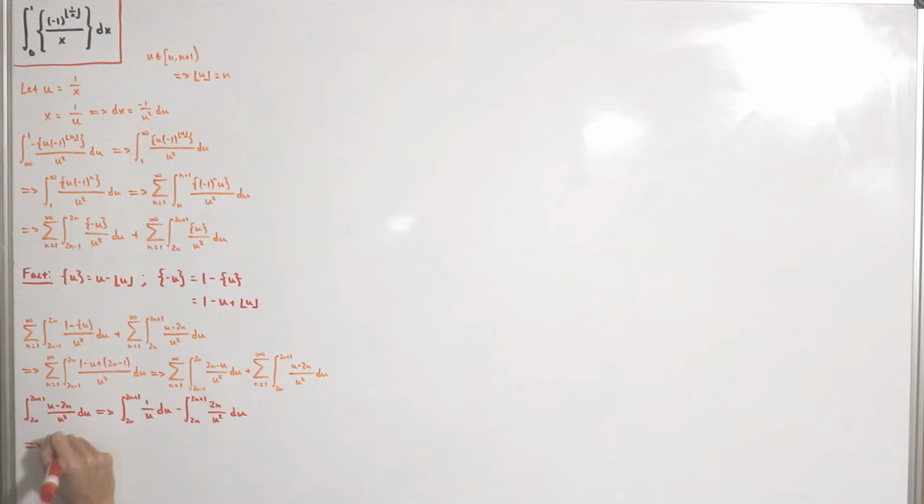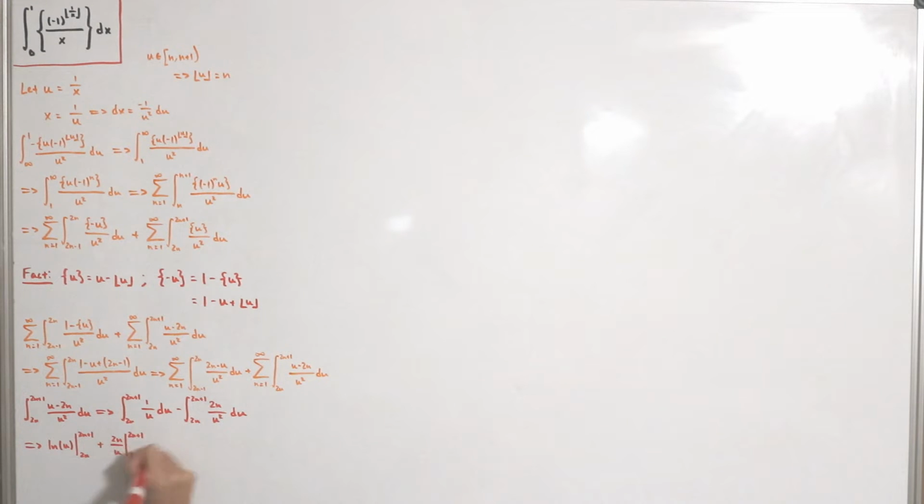It's easy to solve the definite integrals for both of these. This is going to be ln of u evaluated from 2n to 2n plus 1, and then subtract that with, since 2n is just a constant in our world of u, I can factor it outside, so we're left with 1 over u squared. The antiderivative of u to the negative 2 is u to the negative 1 divided by negative 1, so that minus comes out and this will be a plus, and it'll just be 2n divided by u, from 2n to 2n plus 1.